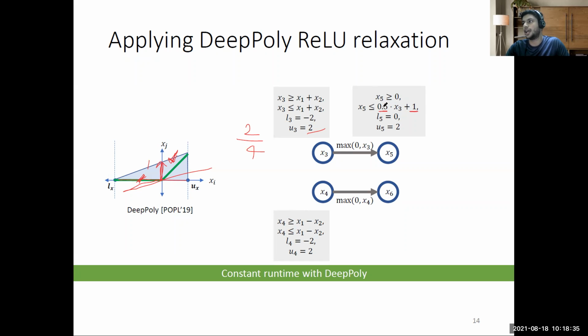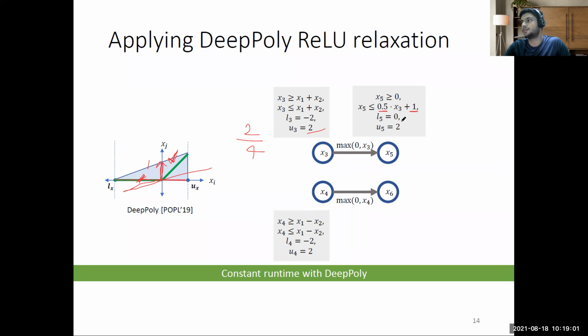So this is how you get your upper relational constraint for x5, and for the lower relational constraint, it is pretty evident from this region that it is 0. So x5 is greater than 0 and x5 is less than 0.5 times x3 plus 1.